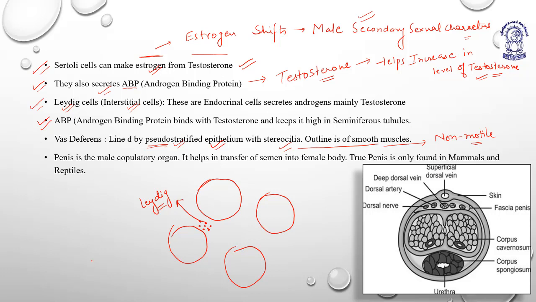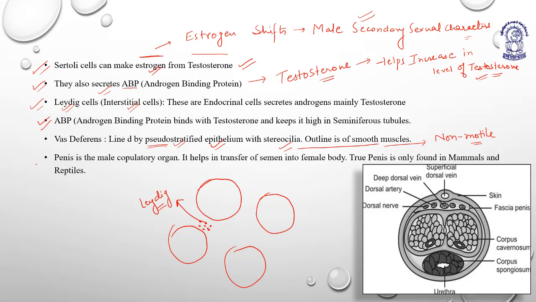The moving sperms get propelled by the beating of these stereocilia, as if someone is giving a back pressure to the moving sperms. That back pressure is provided by these stereocilia. The vas deferens is outlined by a smooth muscle layer.